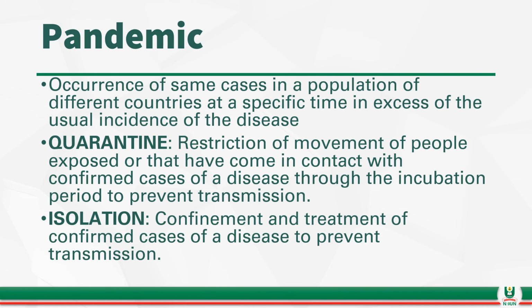But when you're isolating someone, you're confining the person and treating the person because the person is now a confirmed case of a disease, to also prevent transmission as well. So you isolate cases and you quarantine suspects. These are the terms and how we use them in applied epidemiology.